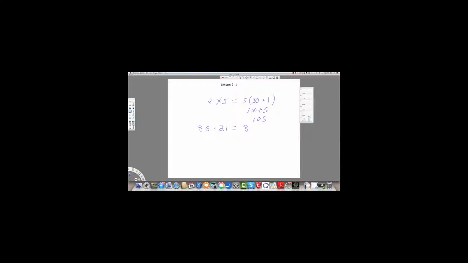So we get 85 times 20 plus 1, and so we get 85 times 20, that'll be 1700, and 85 times 1, well, that's easy, that's just 85, and we've got 1785. So we see how we have this type of problem, and it can allow us to create one that might be a little bit easier to deal with. So let's look at another type of problem that we might come across.